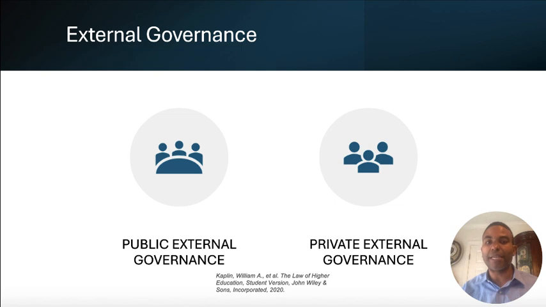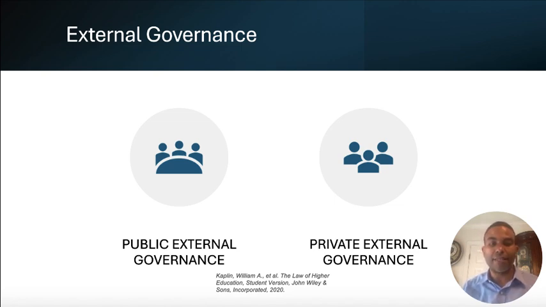The states typically have legislative power over universities and community colleges to legislate their behavior. And to a certain extent, at the community college level, there's a bit of public external governance at the local level, where there's local funding.